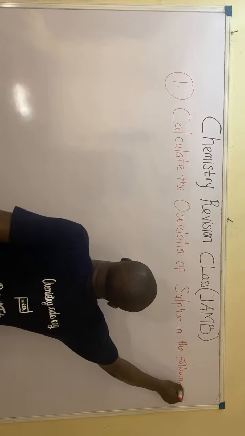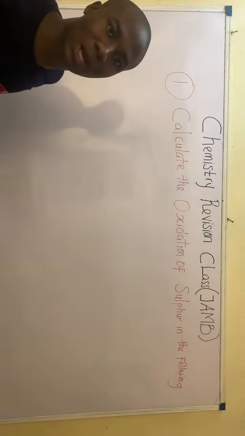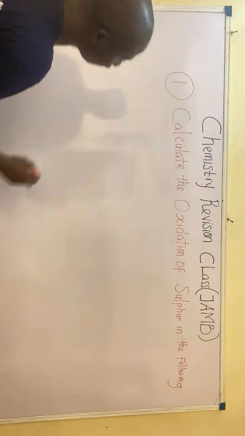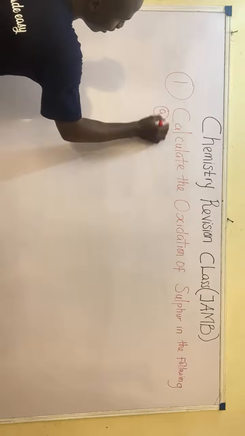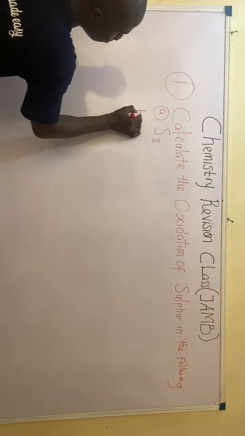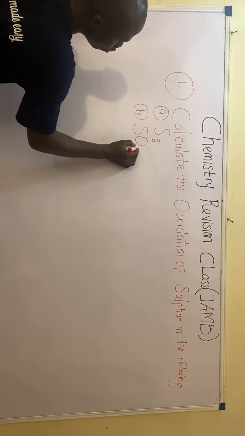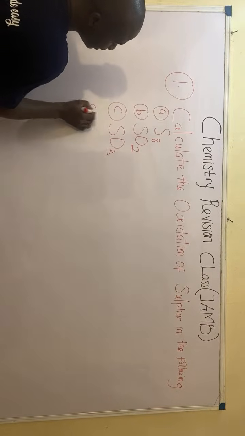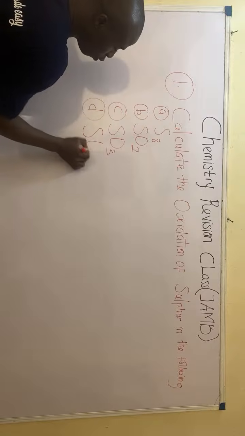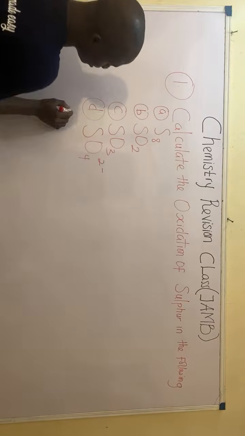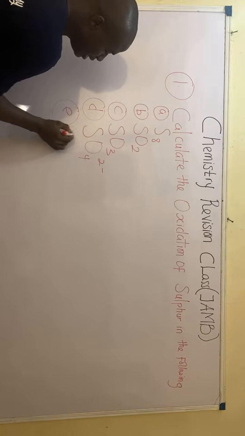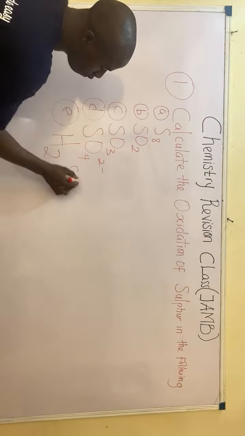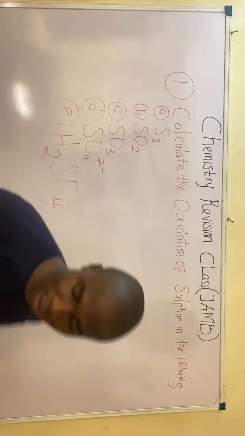I'm doing this so that irrespective of the way they ask it, you can actually solve it. In the following: A, S8, B, SO2, C, SO3, D, SO4 2 minus, and E, lastly, H2SO4.